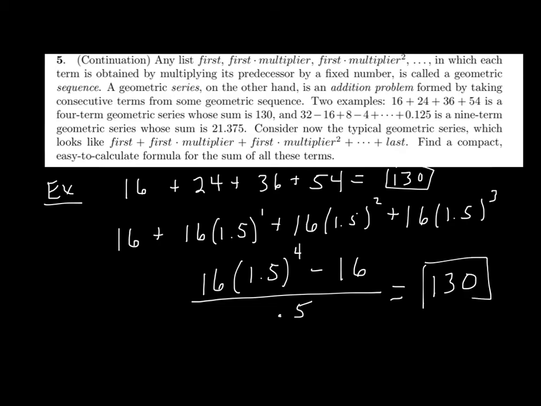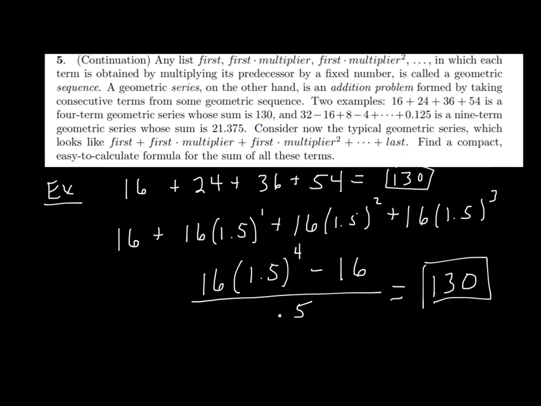So see how that is our, not quicker way for this problem, but in general, that's going to be a quicker way to add a geometric series. So here, that is easy to do, but if we go to this next one, oh, it already tells us our sum is 130. Look at that. I didn't even read that far.